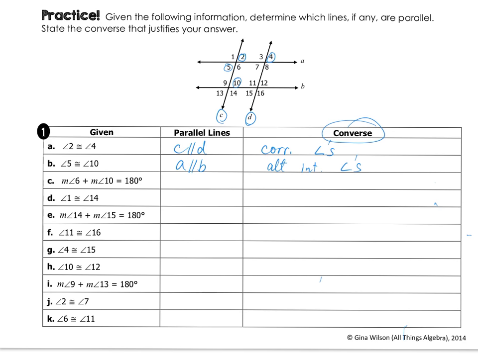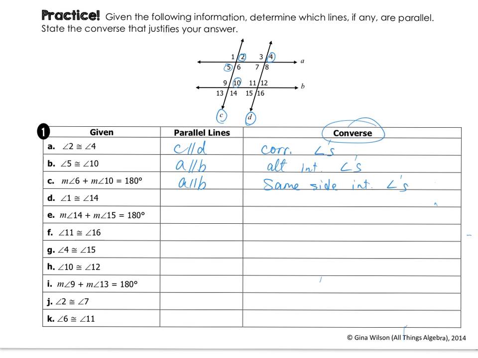Next, angle 6 and angle 10, they are same side interior angles along C. So therefore, they're proving A and B are parallel. So this is same side interior angles or consecutive angles.